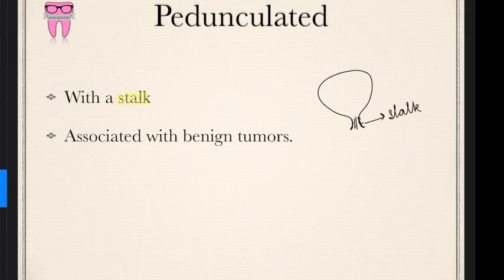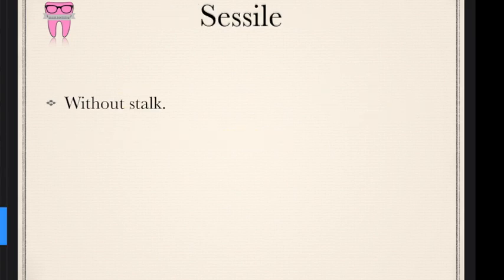With the help of a stalk, they attach to the surface mucosa or the epidermis or epithelium, and it is associated with benign tumors. Coming to the next word, sessile. Sessile is the opposite of pedunculated. It is without a stalk. If you see a lesion without a stalk, then it is known as sessile.